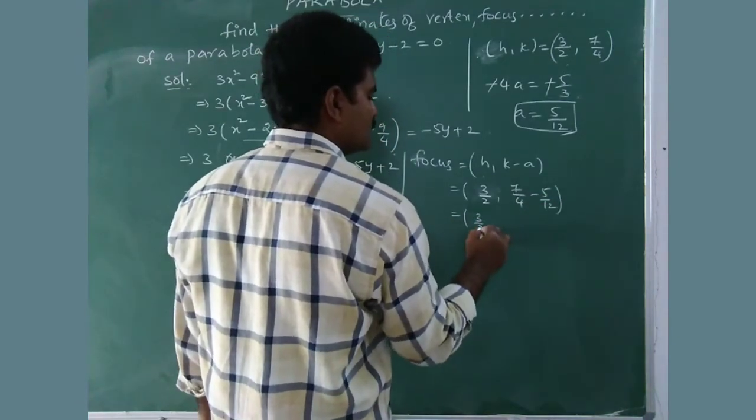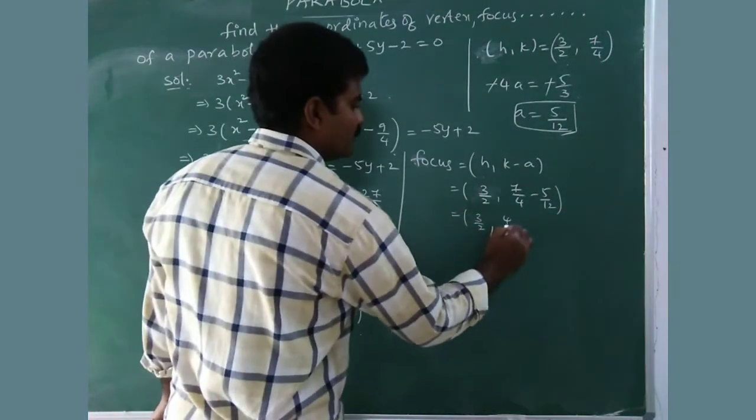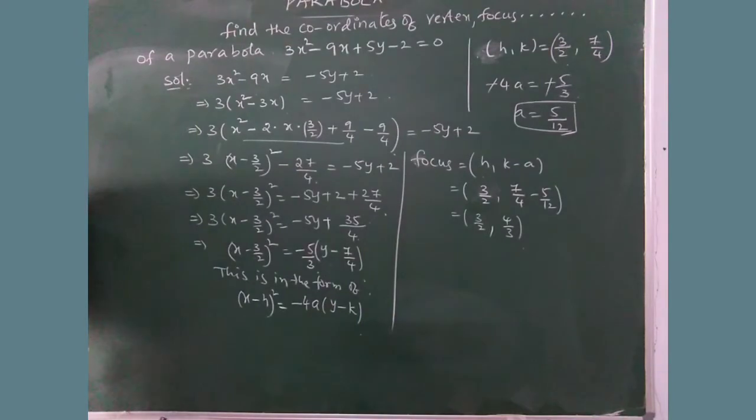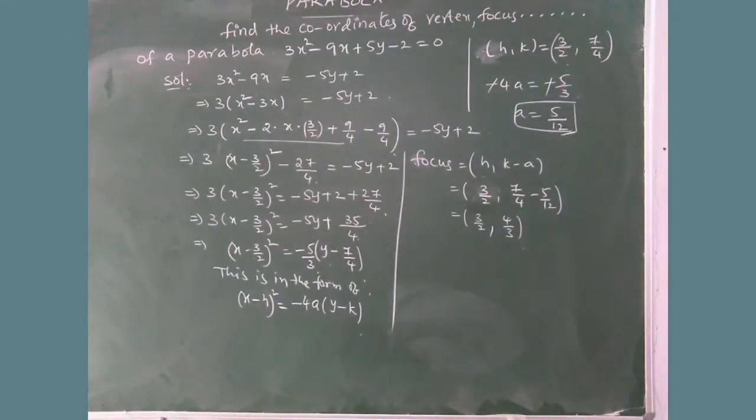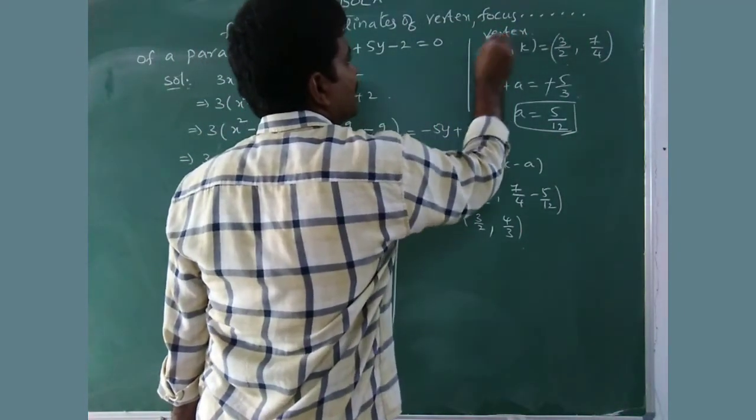So which is equal to 3 by 2 comma, tell me about 7 by 4 minus 5 by 12. I think 4 by 3. So 4 by 3. So focus is nothing but h comma k minus a, which is equal to 3 by 2 comma 4 by 3, and already the vertex is h comma k, right?